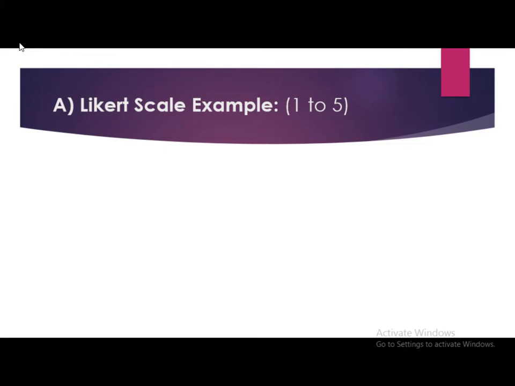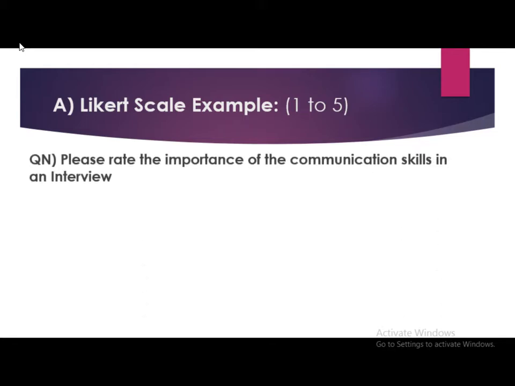The example of Likert scale. The purpose of the Likert scale is to identify the attitude of people towards the given stimulus objects by asking them the extent to which they agree or disagree, or their opinion or belief. Question: Please rate the importance of communication skills in an interview.